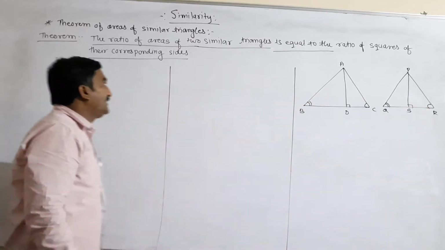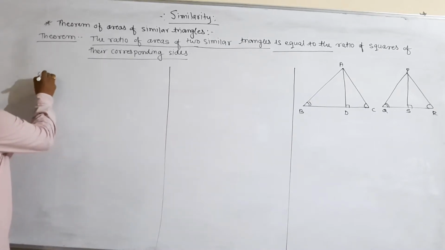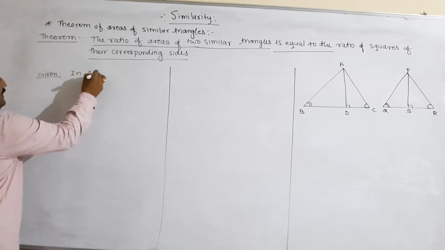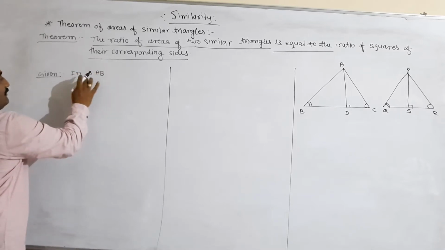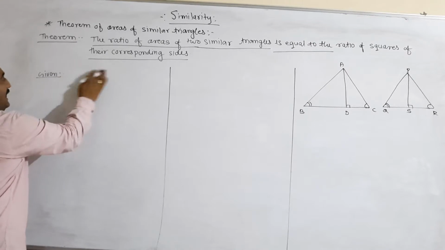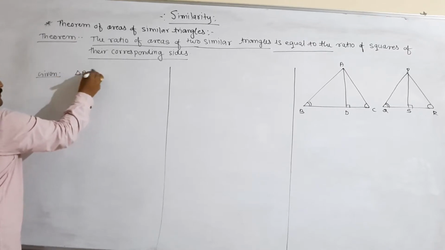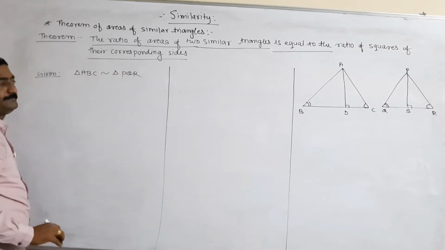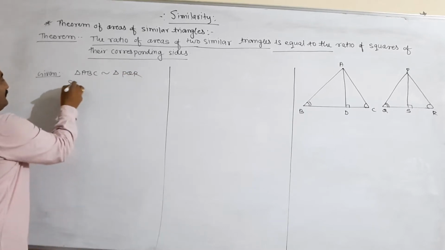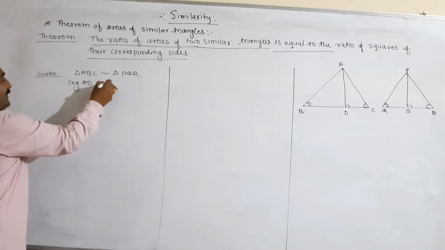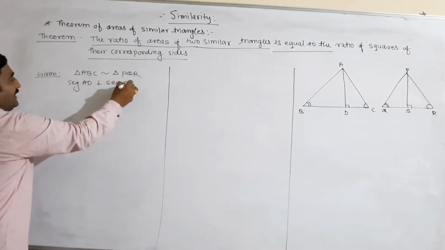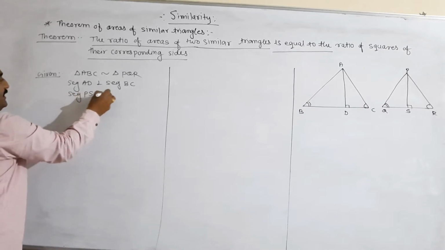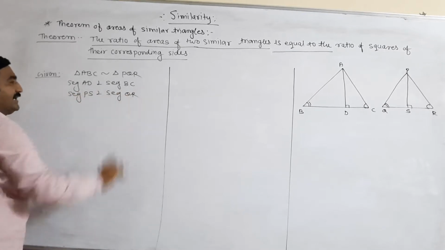So the given is: triangle ABC is similar to triangle PQR, then segment AD is perpendicular to segment BC and segment PS is perpendicular to segment QR.